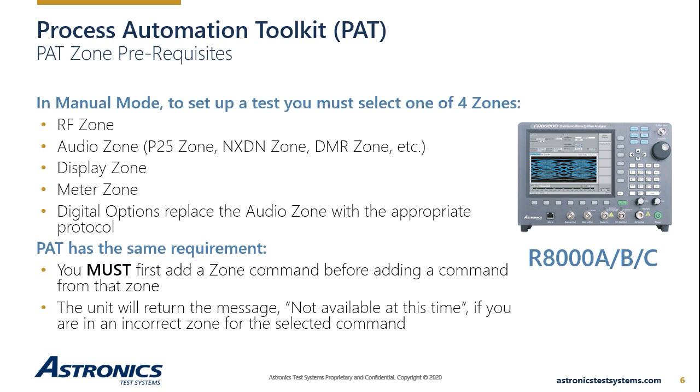Well, PAT has exactly the same requirements or prerequisites when writing a script. You must always add a zone command before adding commands that would be found in that zone. If you see a not available at this time message, just go back and insert a zone command above the failed line.